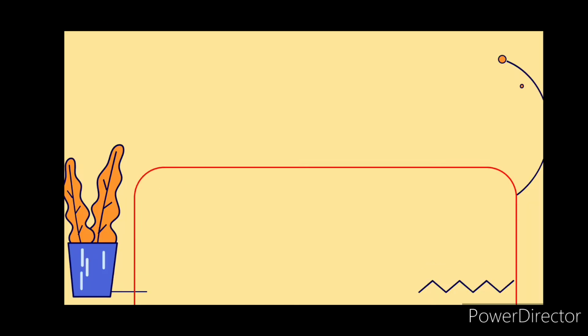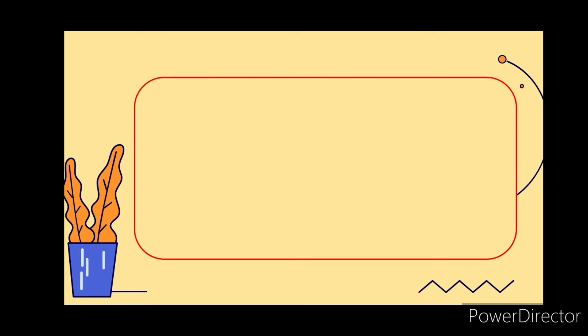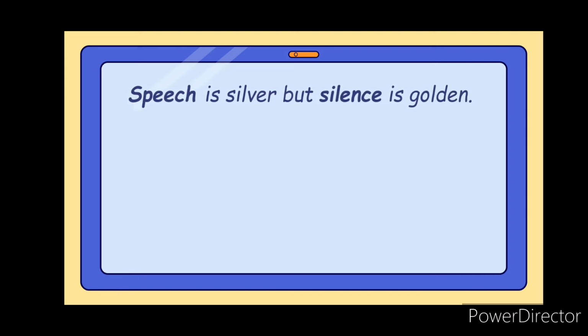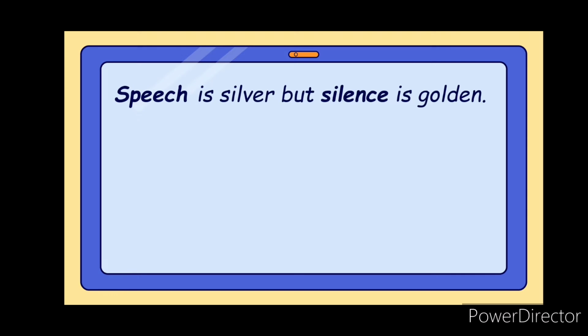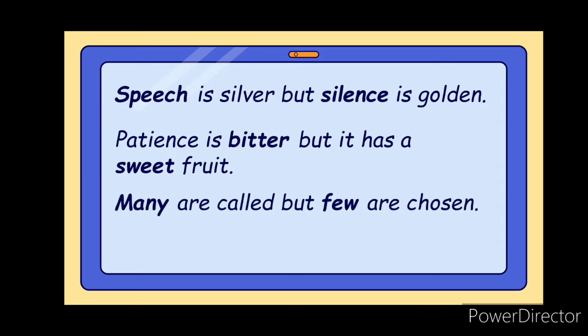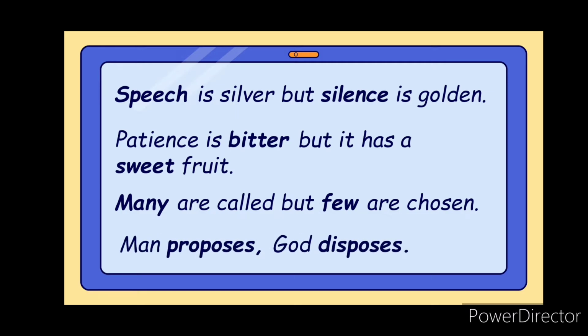Some common examples of antithesis are: Speech is silver, but silence is golden. Patience is bitter, but it has a sweet fruit. Many are called, but few are chosen. Man proposes, God disposes.